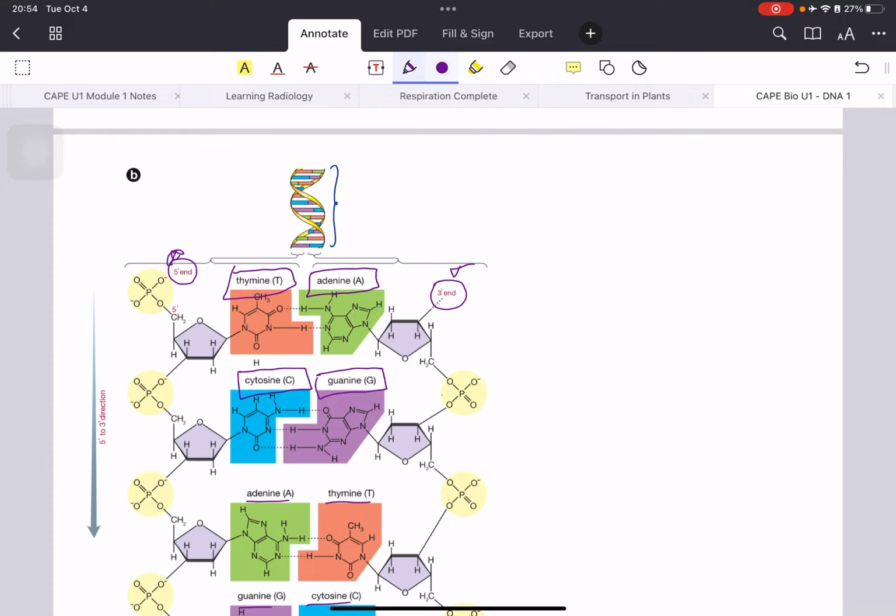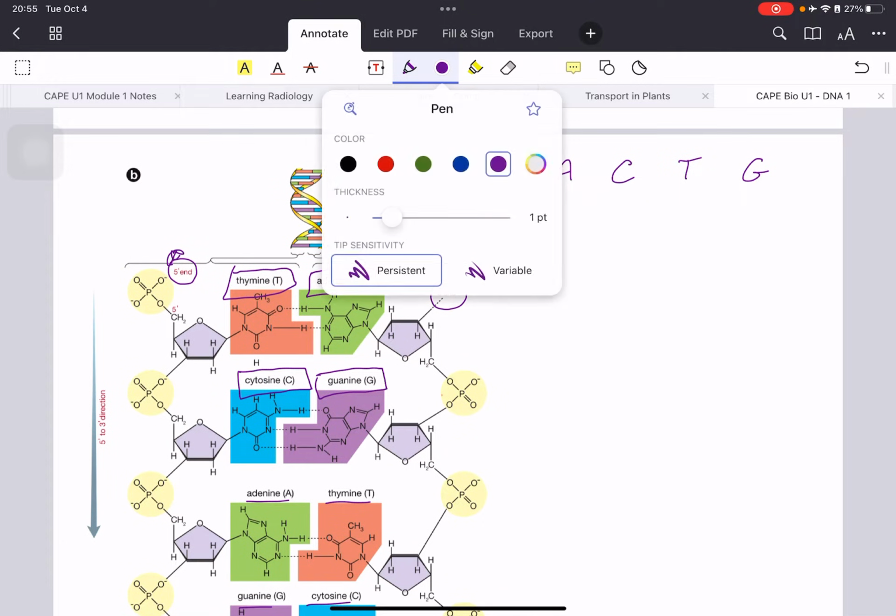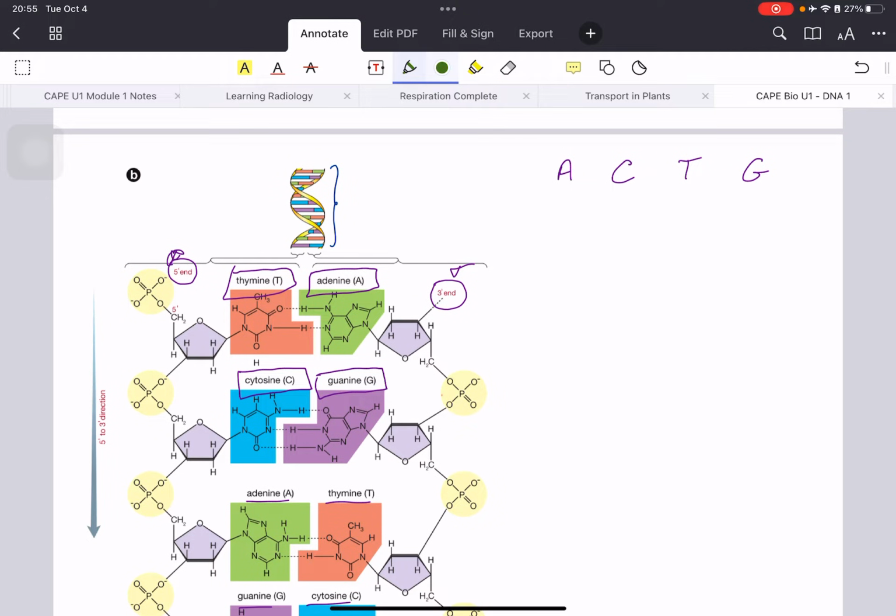So we could actually predict what our complementary chain is going to be. If I give you a little exercise and I say, the bases on the first chain are going to be A, C, T, and G, what would the complementary bases be on the complementary chain?